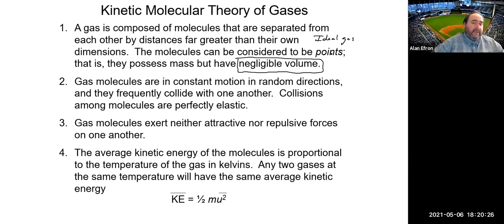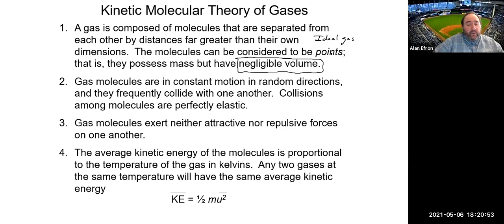Gas molecules, as we've been talking about, are in constant motion. They collide with each other. Collisions among molecules are thought to be perfectly elastic. They're not sticking, right? They're just going to bounce off, move around. Everybody's okay, even though they're bumping into each other. Again, collisions really is what causes pressure. But again, they have no influence on each other as they're moving around, which is another ideal situation.